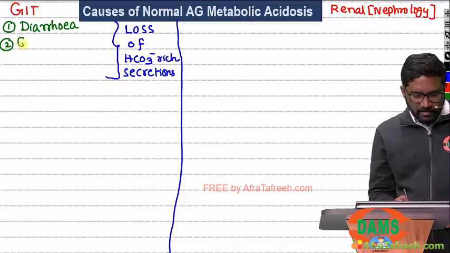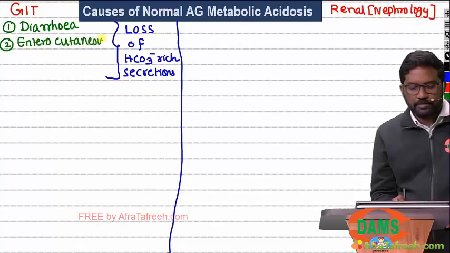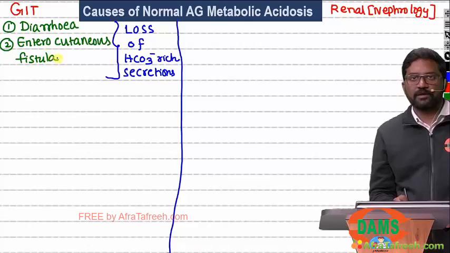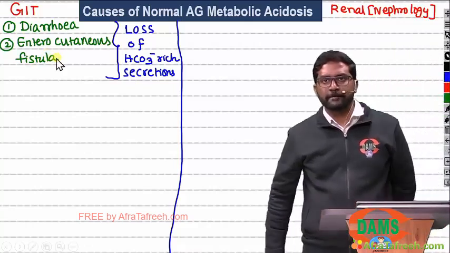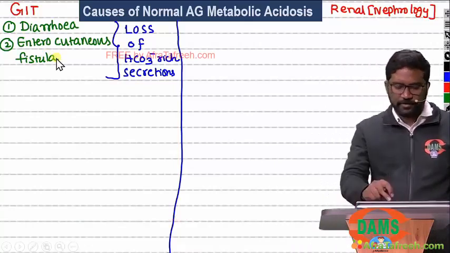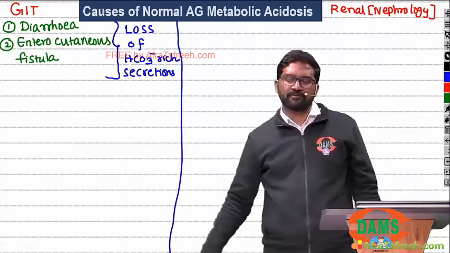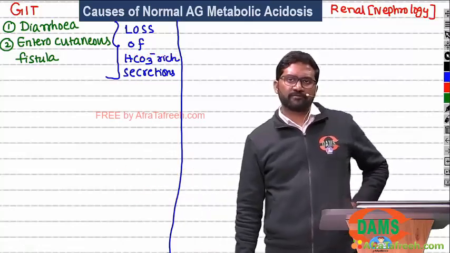Then enterocutaneous fistula. What is meant by entero? Entero means intestine, cutaneous means skin, fistula means opening. So there is an opening from the intestine to the outside. Through that, what will be lost?